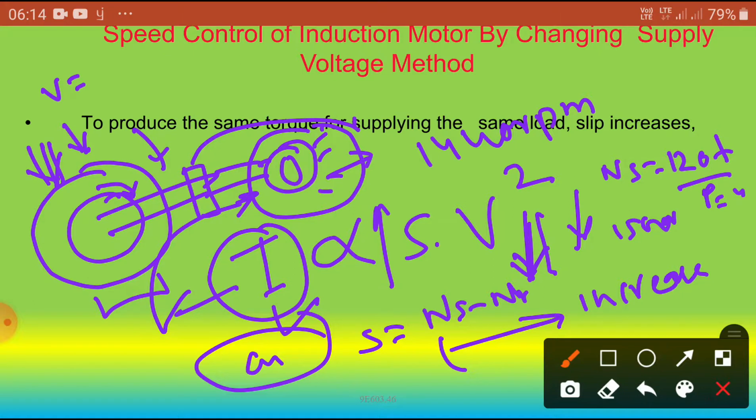Now, if we decrease the supply voltage, the motor has to meet the same load, so the torque produced tries to remain constant. For that purpose, the slip has to increase. The voltage decreases, the slip increases.